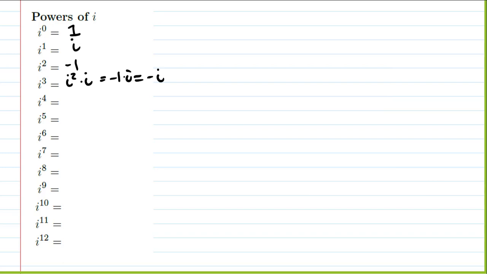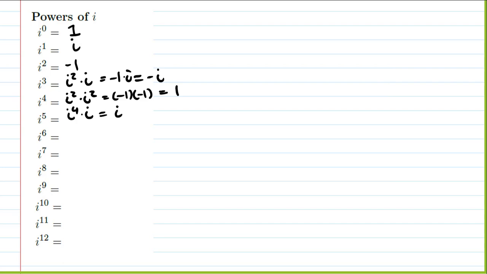i to the fourth can be rewritten as i squared times i squared, which is negative 1 times negative 1, which is 1. And we'll notice we got the same thing that we started this chart with, which is 1. So i to the fifth is the same as i to the fourth times i, but i to the fourth is 1, so this is i.